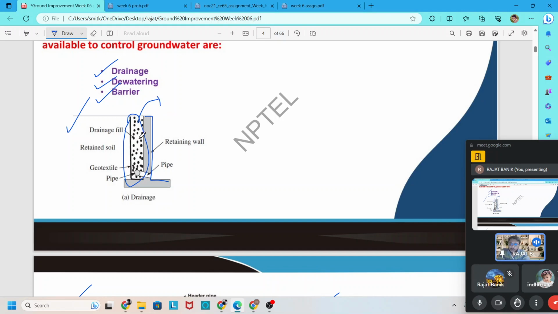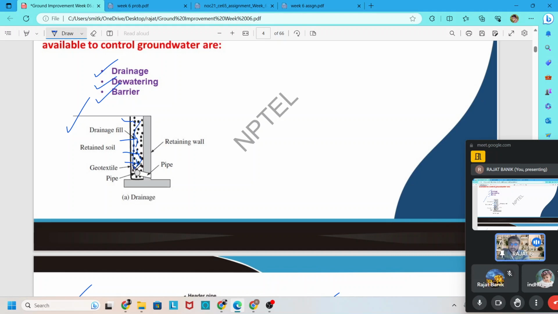So we can see that here one drainage material, or you can say gravel material, is incorporated, and then one filter material like geosynthetic material is applied here to filter the water, so that only the water passes.